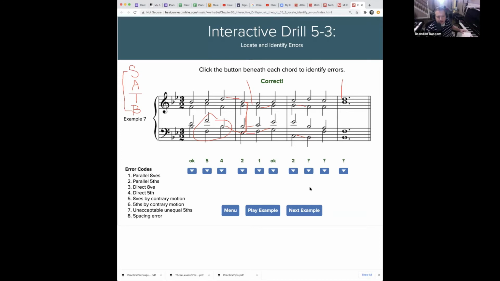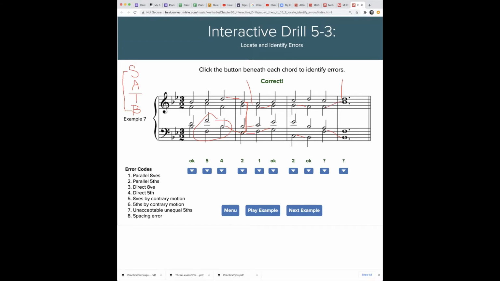I think it's okay. Oh, is that what we're doing? Yeah. I hate it. What's the problem? Between the bass and the alto. What is it? Is it unequal fifths?